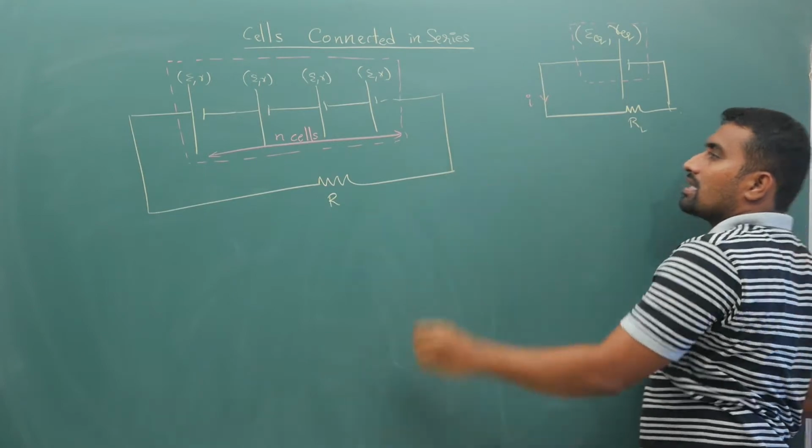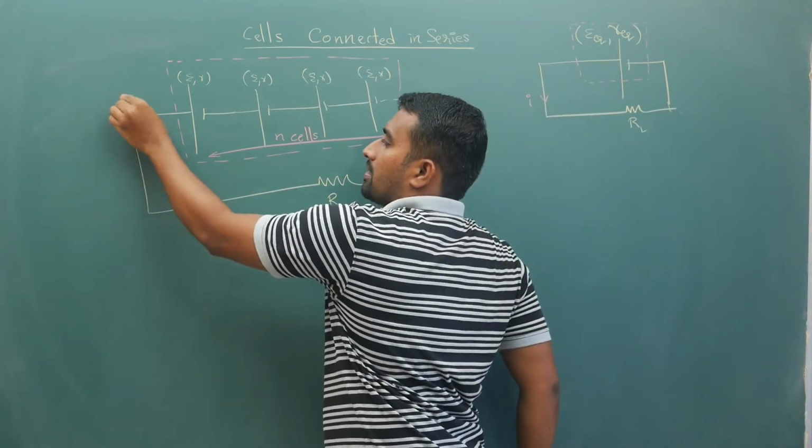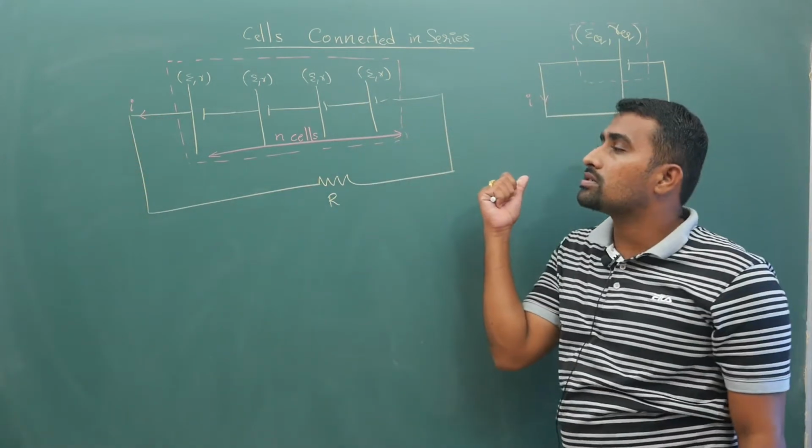If all these cells contribute a current I, this equivalent cell also should contribute the same current.